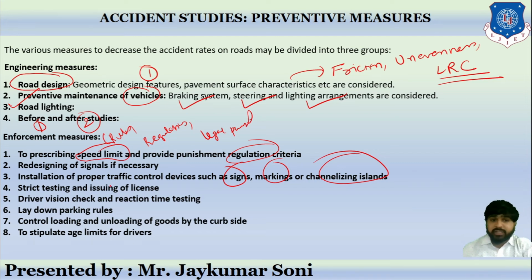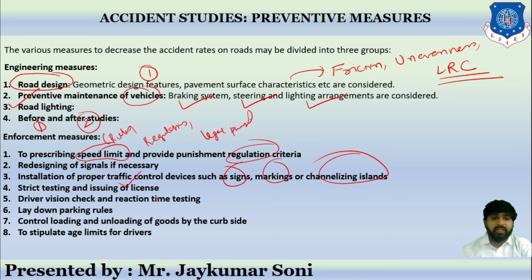Then strict testing and issuing of licenses. You all know that in previous years it was very easy to get a license for two-wheelers or four-wheelers, but nowadays the situation has switched and it is very tough.